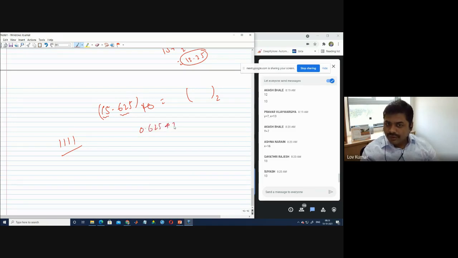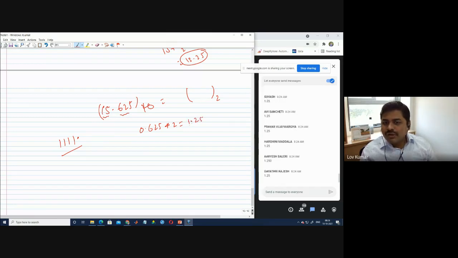0.625 into 2. What value will we get? Anyone? You will write it down here. 0.625 into 2. Is it 0.125 or 1.125? It is 1.25.